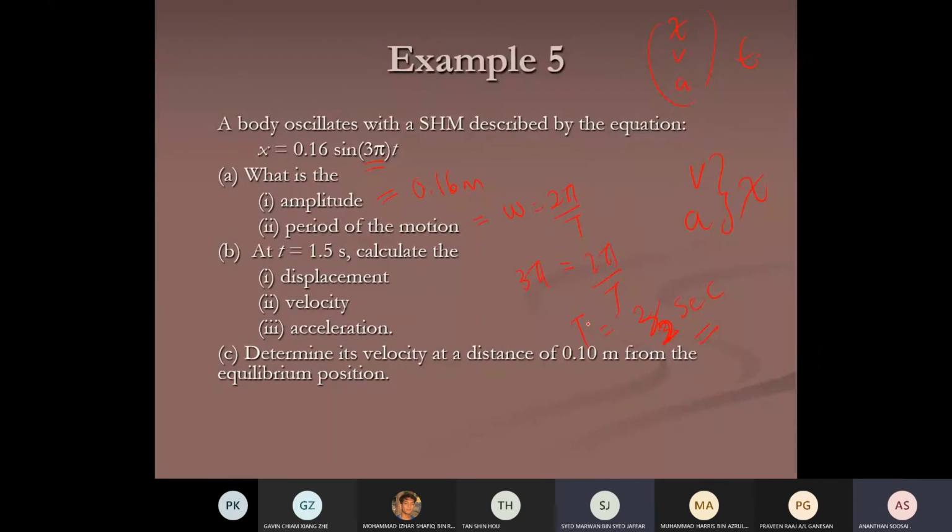Okay, so once you have your period and your omega, can you find the displacement, velocity, and acceleration at 1.5 seconds?